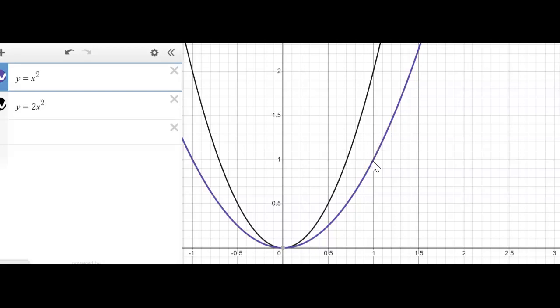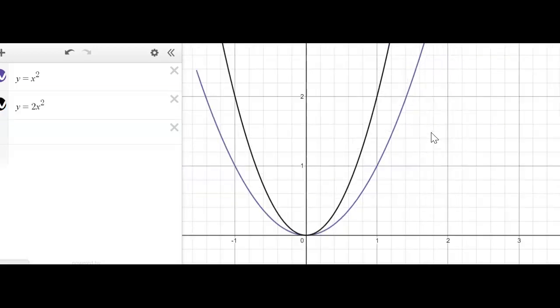So if I'm going up on my grid, you can see there's the point (1, 2). So we've gone from (1, 1) to (1, 2). So that y-coordinate is being multiplied by 2.